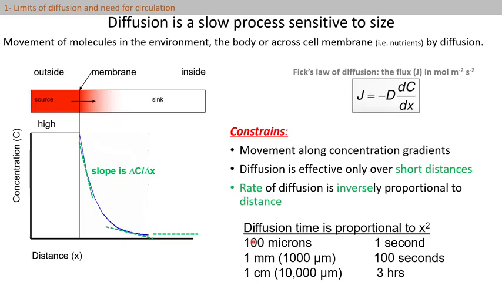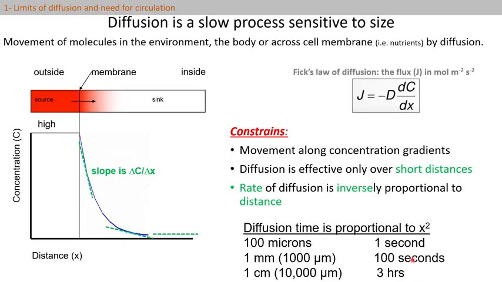So if you need to diffuse over 100 microns, okay, let's say a cell or two, that's okay, it will take a second. Now you need to diffuse over a body of 1 millimeter, which is 1,000 microns. 100 seconds now is needed. But if now you just need 1 centimeter, and that's small, it's 10,000 microns. With the square that you have with x, it leads to 3 hours.